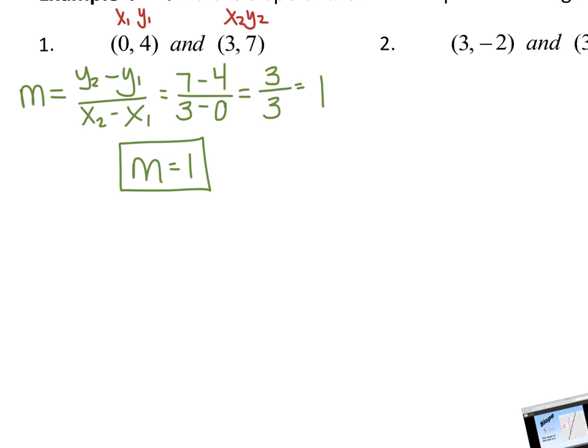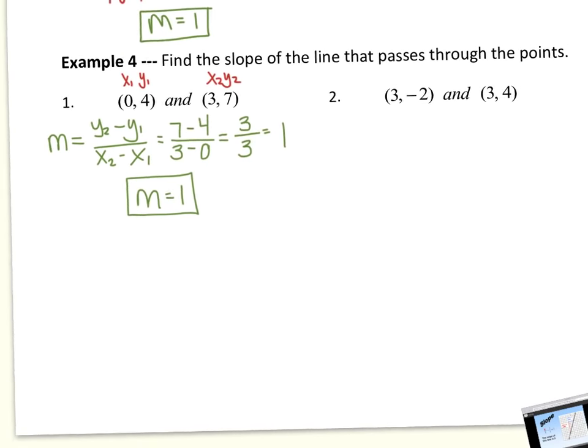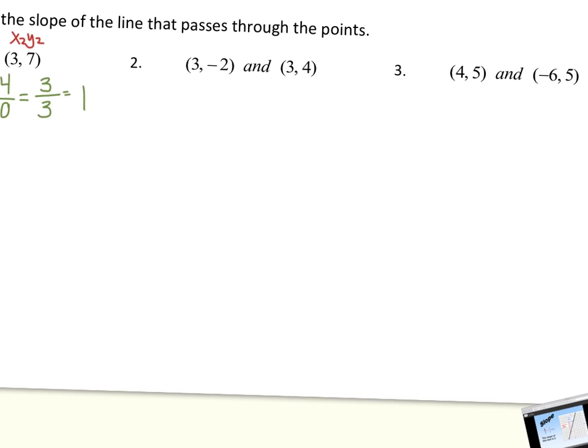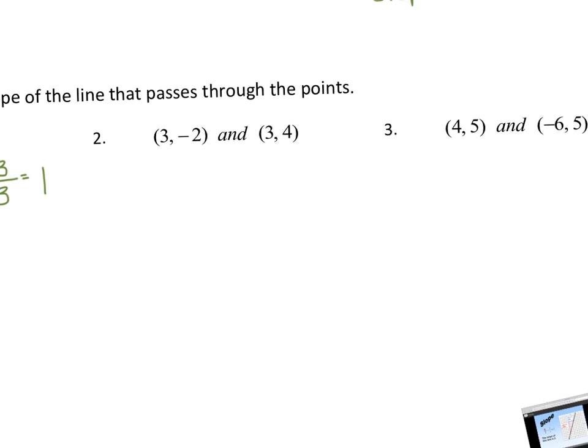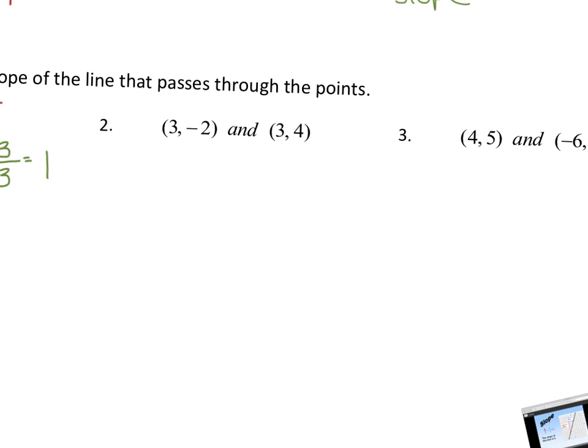Okay, so for that second one there, we're going to use the exact same formula. So what I think would be a good idea is next to, above it, why don't we write that formula? It is m equals y2 minus y1 all over x2 minus x1.